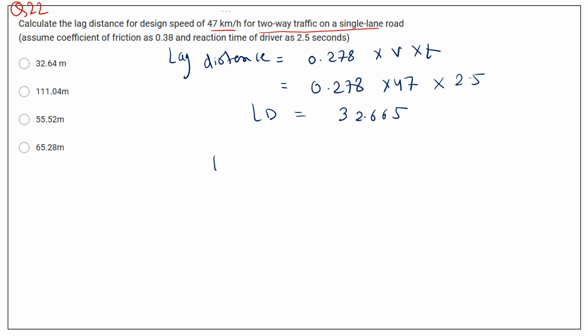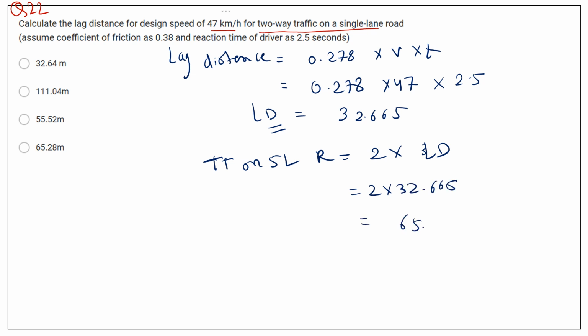Then in the question they mentioned two-way traffic on a single lane road. So for two-way traffic on a single lane road, this lag distance is doubled. So twice this lag distance, 2 into 32.665, is equal to 65.33.